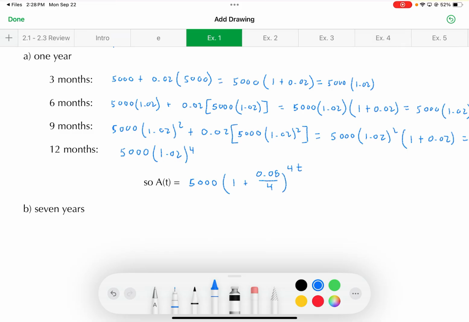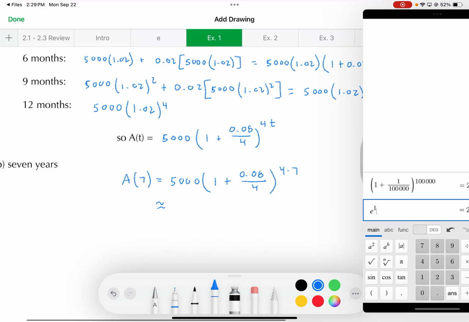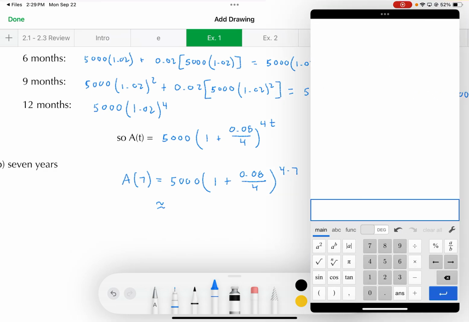All right, so now how much would be in the account after 7 years? I just got to find this function evaluated at 7. Okay, and let's pull out the calculator, see what we get. 5,000 times 1 plus 0.08 divided by 4.